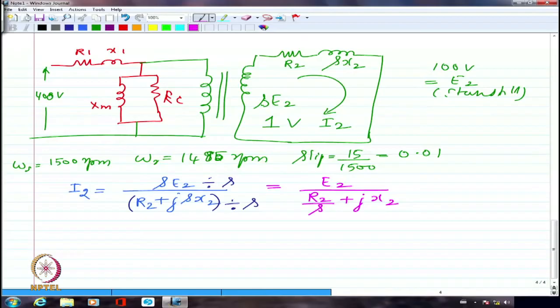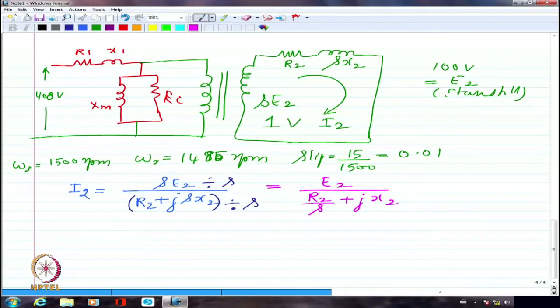Right? There is no difference mathematically. The magnitudes are the same. But it makes a world of difference electrically. Because originally I said that when the frequency of the rotor was the same as that of stator frequency, I had E2 as the overall voltage. Now I have come back to the same voltage. And I said that previously the reactance was only X2. Now after the rotor has started rotating, I got SX2 as the reactance.